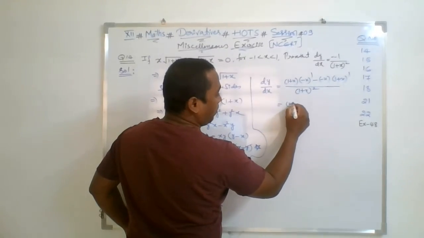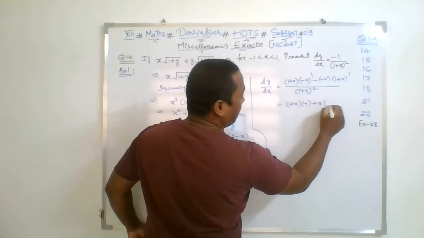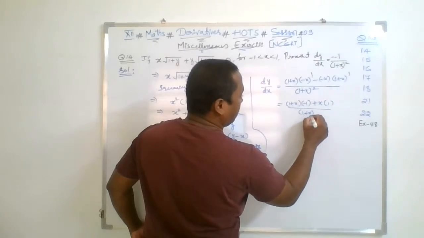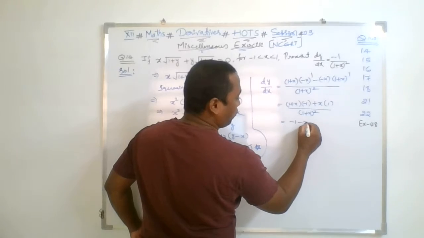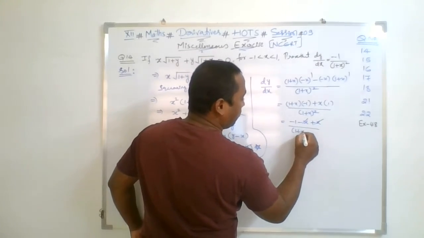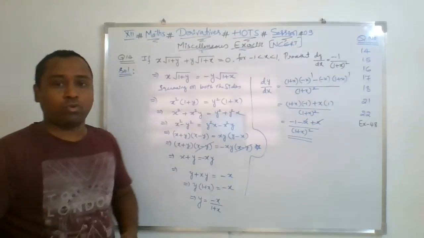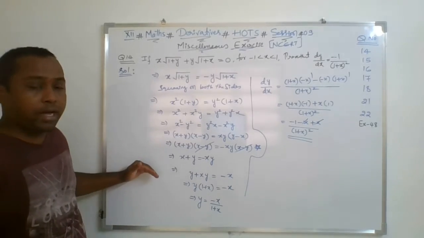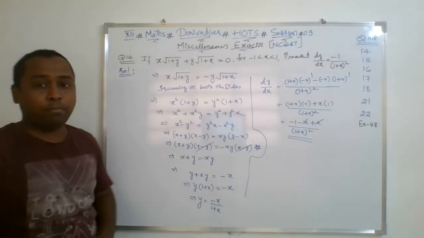So 1 plus x into minus 1 becomes minus 1 minus x, plus x. Derivative of this function is 1 by 1 plus x the whole square. When you multiply by minus 1, the minus x and plus x get cancelled and you are able to get the answer. It's so simple to do the derivative if you go with the simplification part of this question. Otherwise, it becomes a very complicated one.